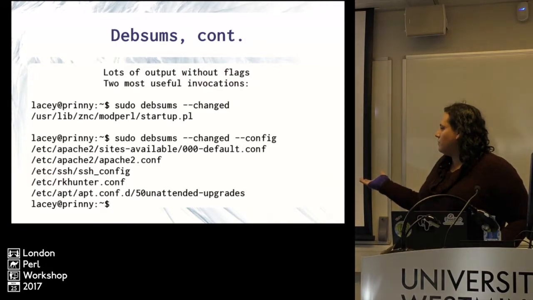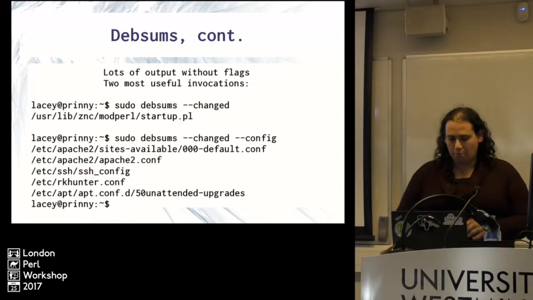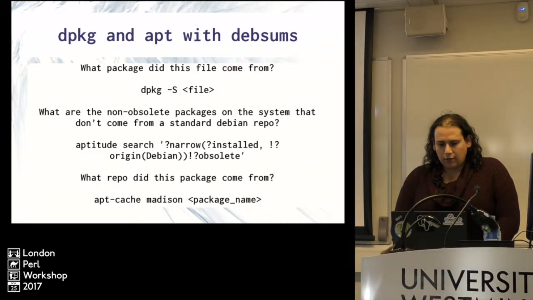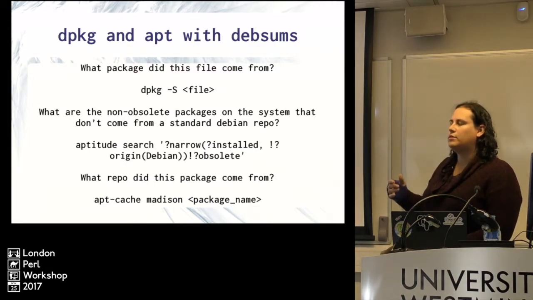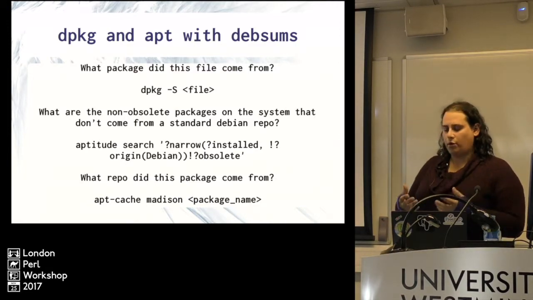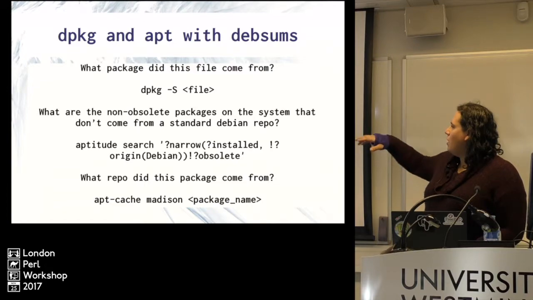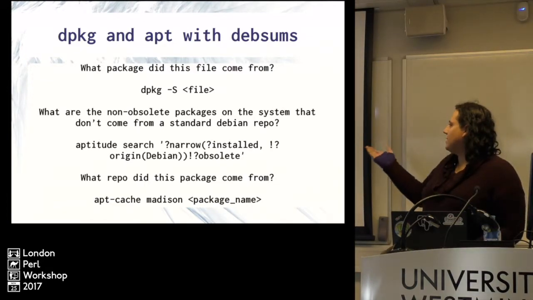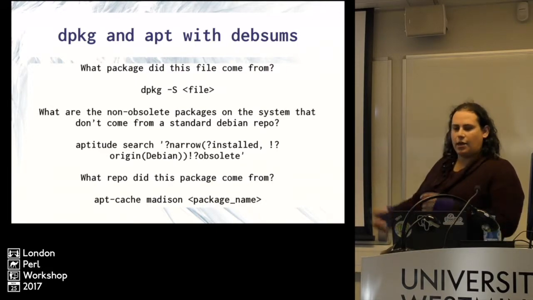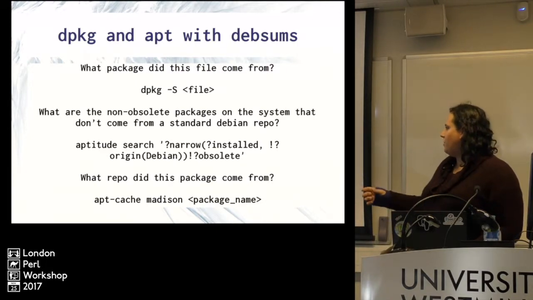Here's a starting point of things that have been modified. So you use the output of this to figure out what package this file came from. So you do the dpkg -S and point it at the full file path.